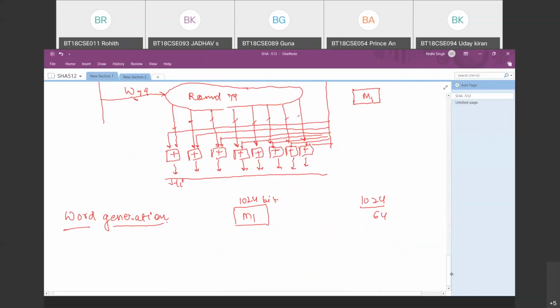So from 1024, how many words can we directly generate? That is 16. So from this M1, we can directly generate W0, W1, W2, and so on, up to W15.